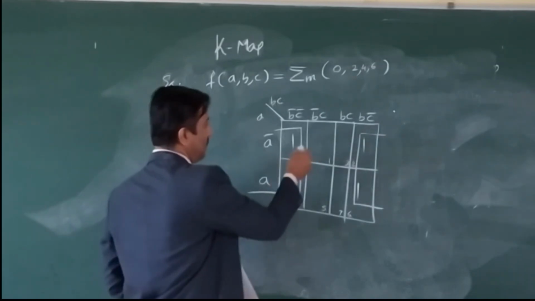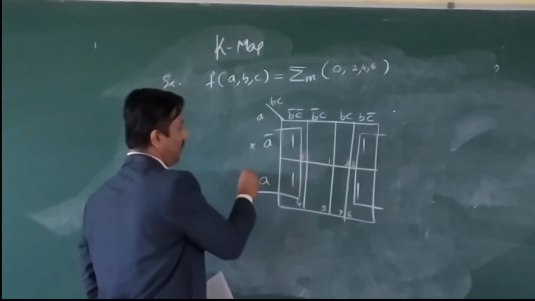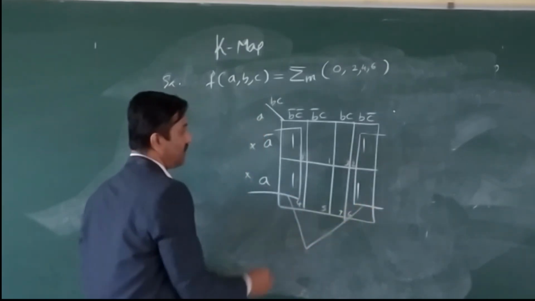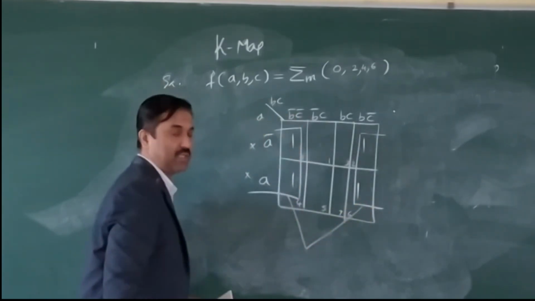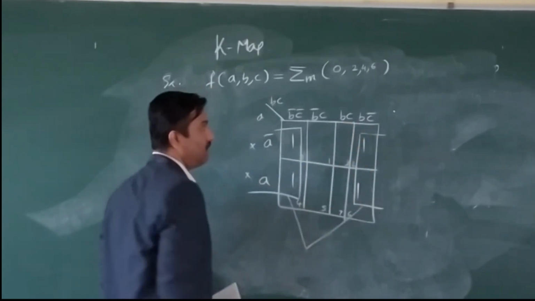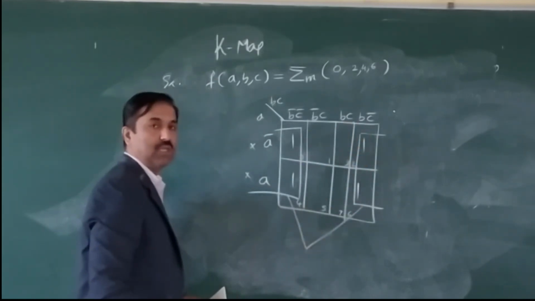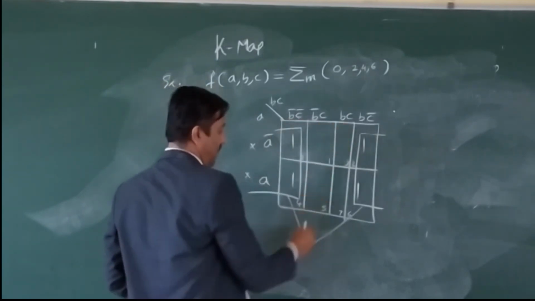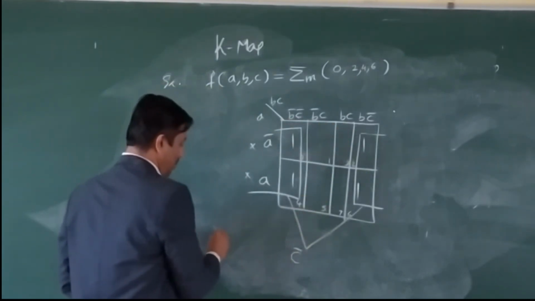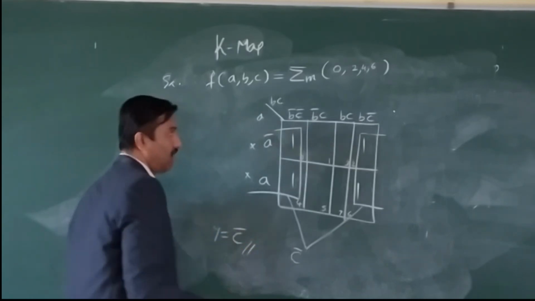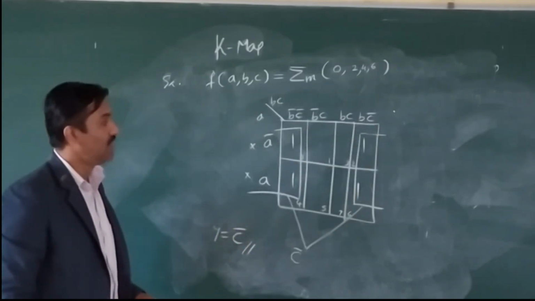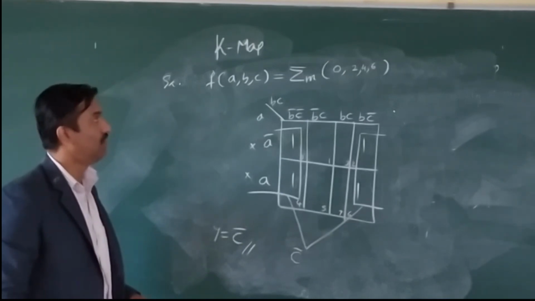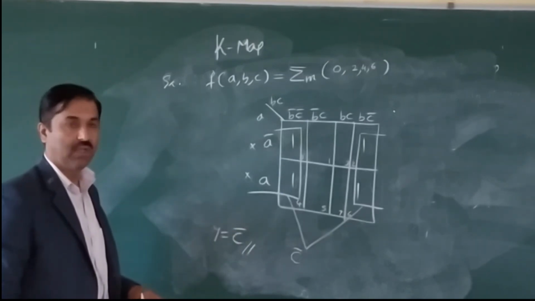So what happens for these two ones? These two are not going to be a part of my final expression. What comes out is, for these two ones it is B bar C bar, and for these two ones it is B C bar. Identify the constant term in this. What is the constant term? C bar is the constant term. So Y is equal to C bar. This is the final expression that comes out of the given K-map.